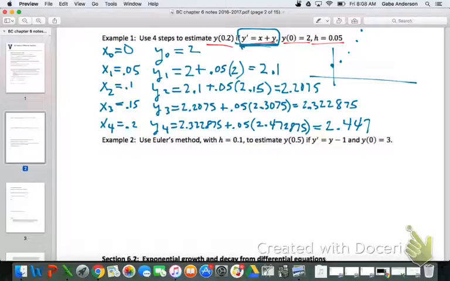Of course, if I wanted an even better picture of what it looks like, what could I do? More points, and more points would mean the step size goes smaller, right? So if your step size was 0.01, you just increased your workload by a lot, right? To go from 0 to 0.2 using just 0.01 every time, you just multiplied your workload by 5, didn't you?